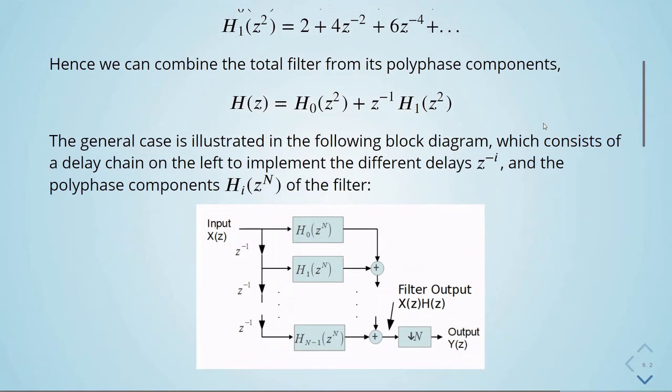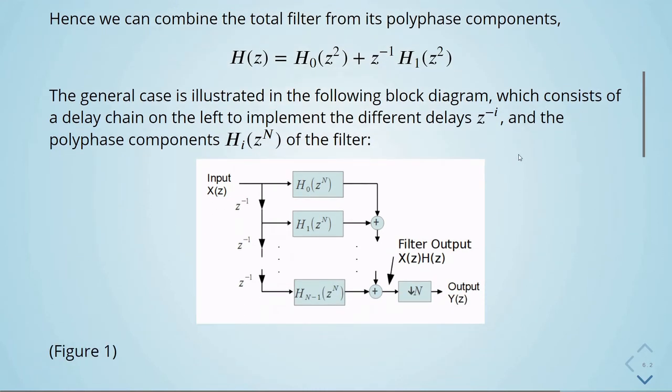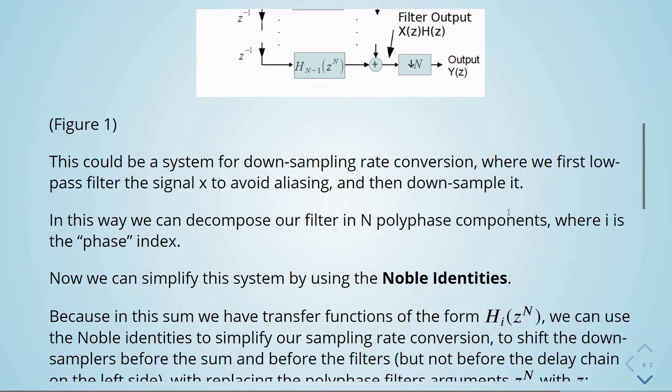The general case is illustrated in the following block diagram, which consists of a delay chain on the left to implement the different delays, z to the power of minus I, and the polyphase components. So here we have the polyphase components, here we have our delays, here we have our input, this is the filter output, this is downsampling, and here we have our output.